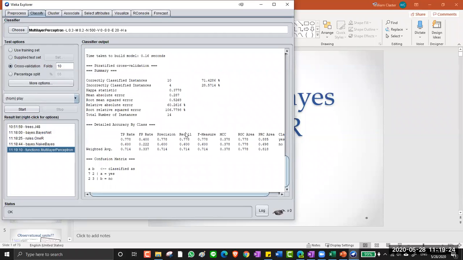By the way, we also have to discuss this area down here. These are different ways to measure how well the algorithm performs. Of course, we often use this as the measure, 71%. But these are also interesting and appropriate.